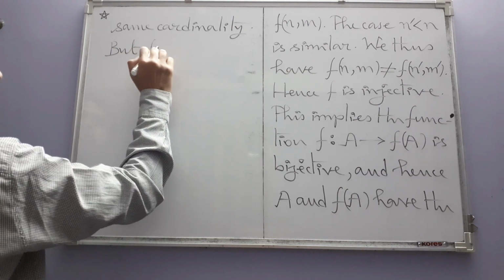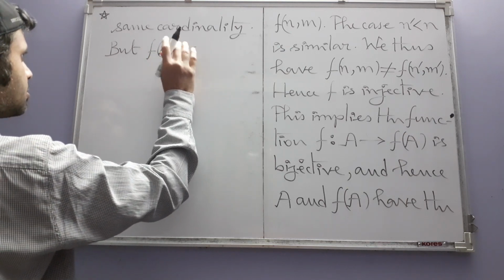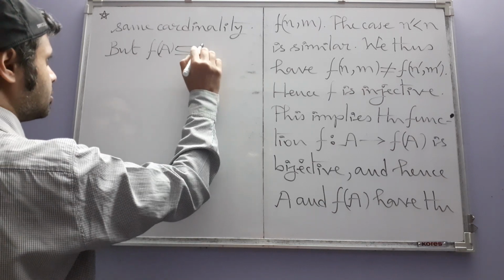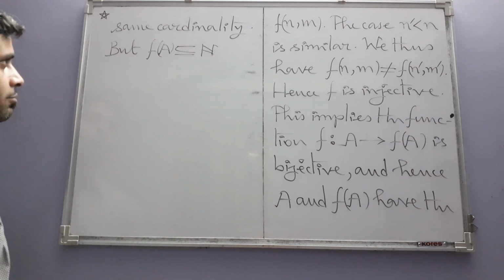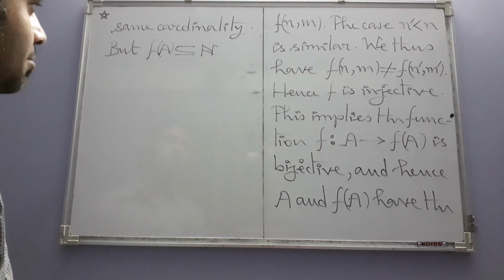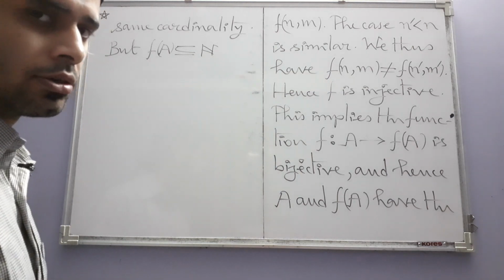But f of A is not just any arbitrary set. The special thing about it is that it's a subset of the set of natural numbers, and we have already seen that any such subset is at most countable. Either it's finite or it is countable.